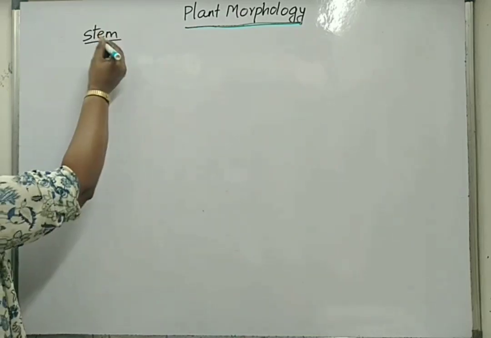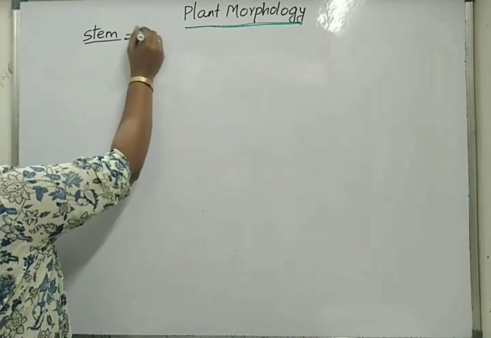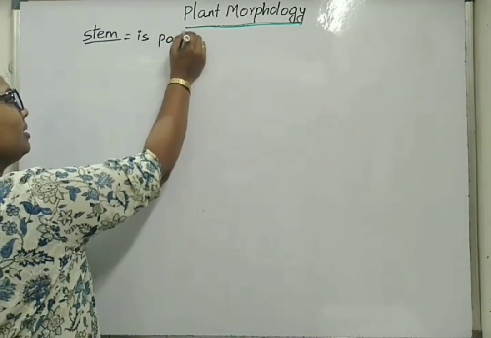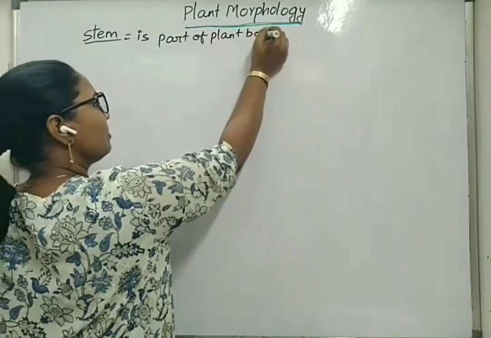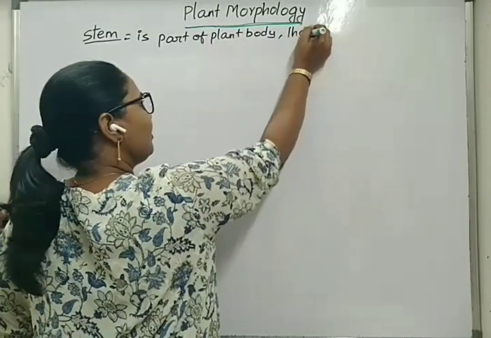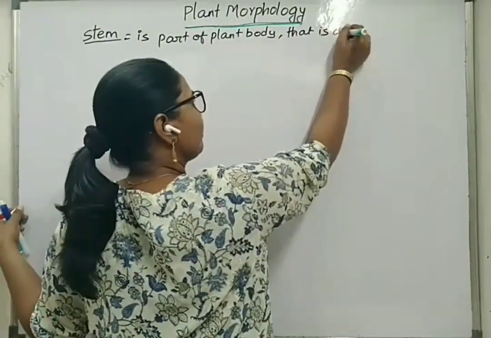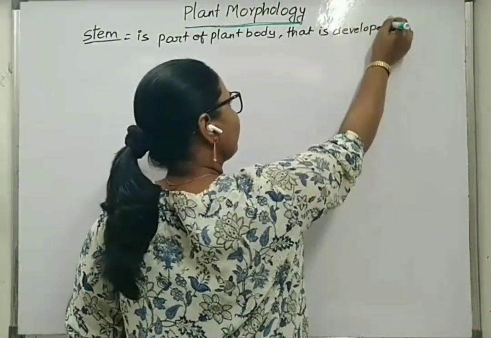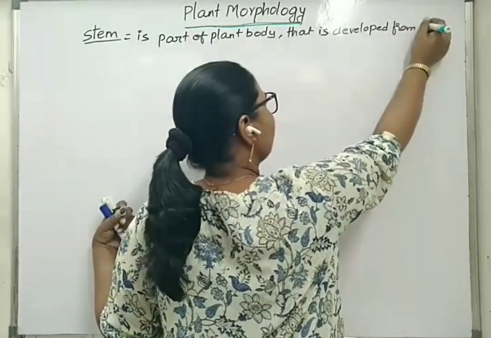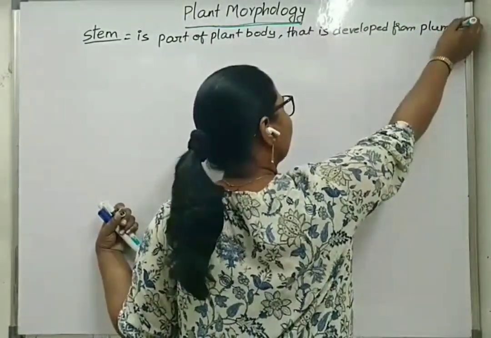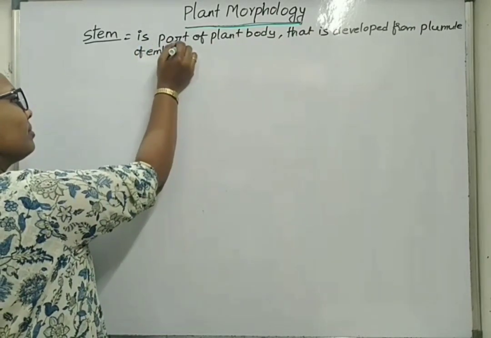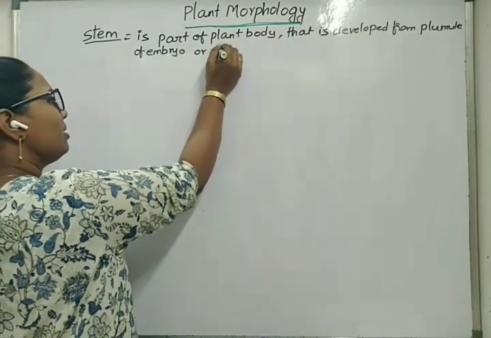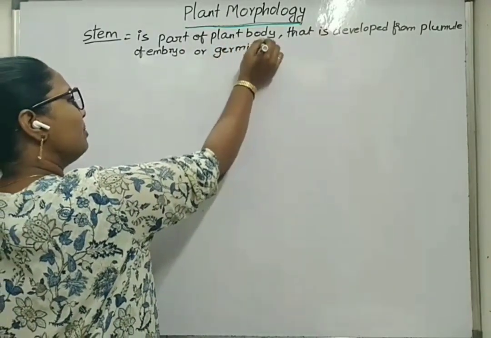So we'll write a few points regarding stem. Stem is the part of plant body that is developed from the plumule of embryo or germinating seed.